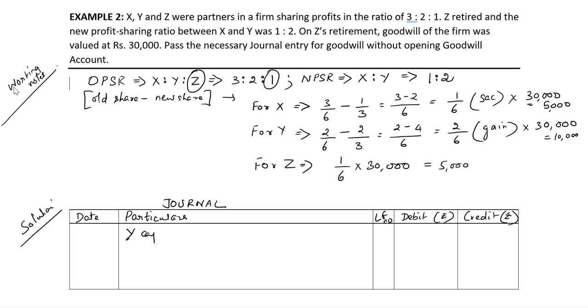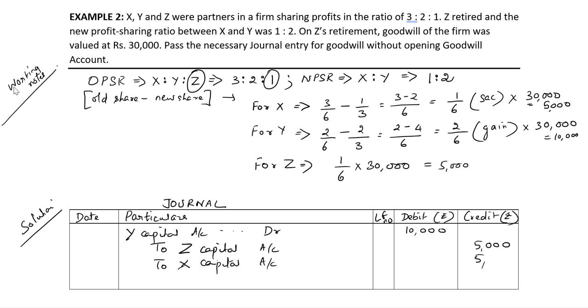Y is the gaining partner, so Y capital account debit 10,000 rupees to Z capital account, being the retiring partner, he sacrifices 5,000 rupees. The existing partner X also sacrifices, so to X's capital account 5,000 rupees.